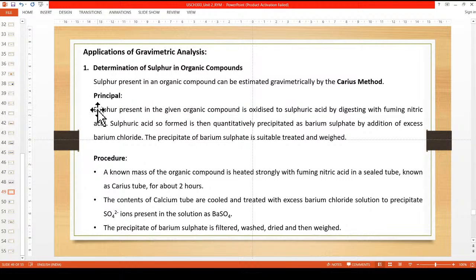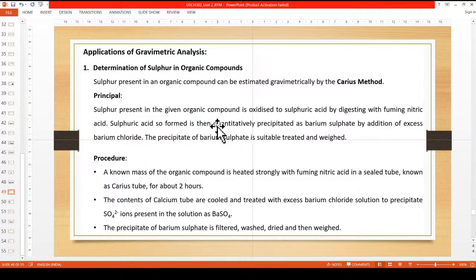Remember, the reagent used for analysis of sulfur present in your organic compound: a pinch of organic compound is taken and is oxidized to sulfuric acid by digesting it with fuming nitric acid. Fuming nitric acid is very strong nitric acid, pure you can say.